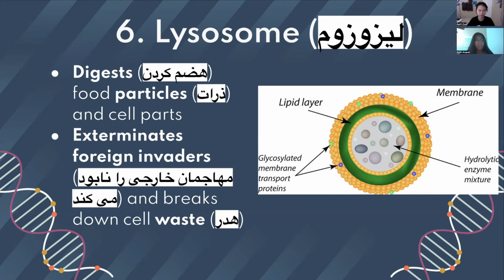These small food particles and nutrients are broken down, and the lysosome also gets rid of invasive things inside the cell. That means viruses or bacteria, anything that is bad for the cell or can kill the cell. The lysosome gets rid of them, and it breaks down all this waste. That's really important for the cell because it gets rid of anything that can be harmful for the cell.